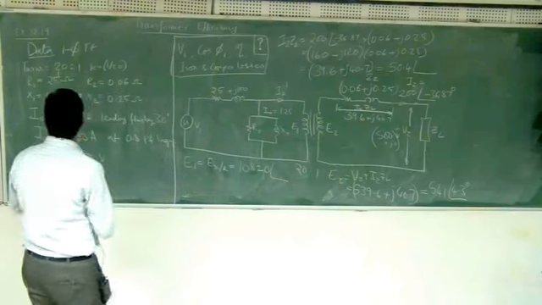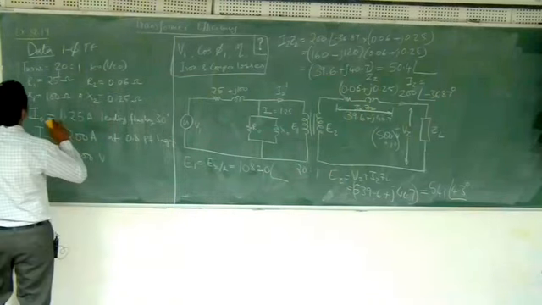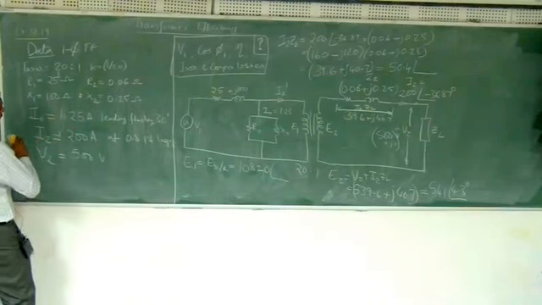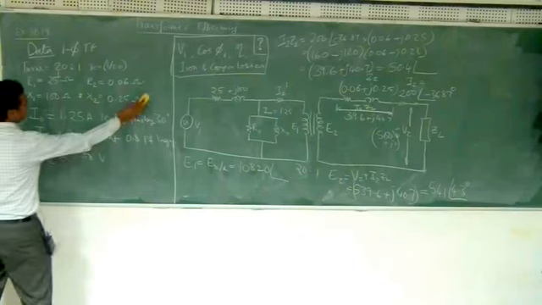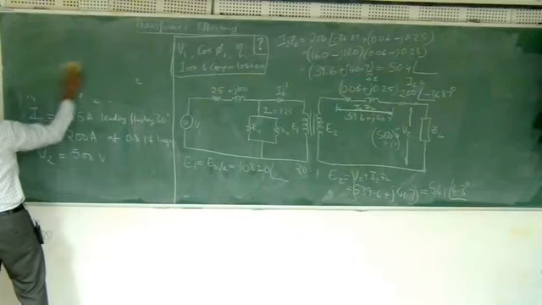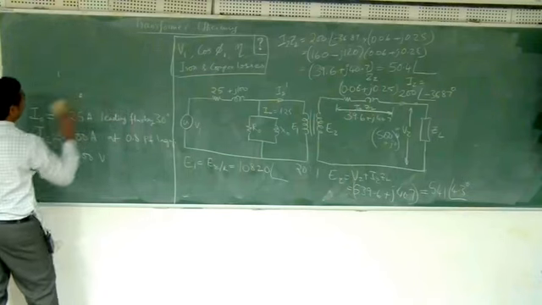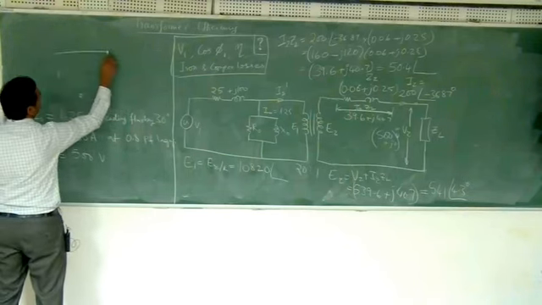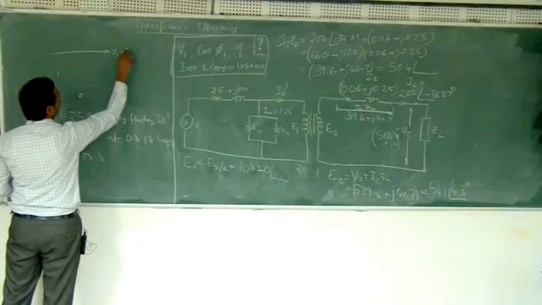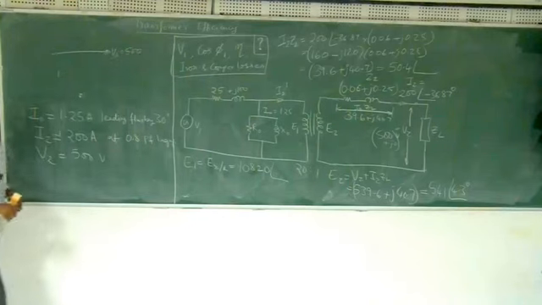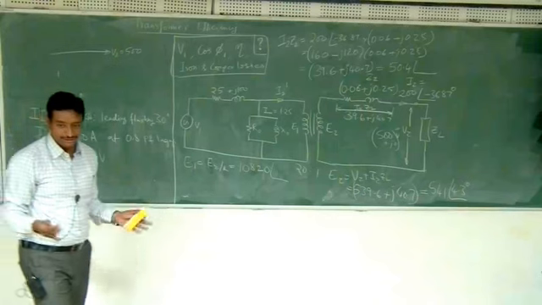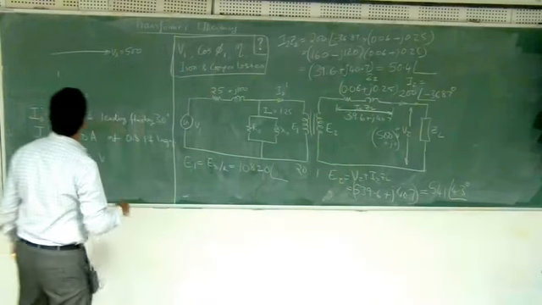Just to avoid the confusion, let's get a visual feel of what it is. I'll remove this part and draw this. We have utilized the information up to here. See what is happening. This is V2, 500, and that is the reference, 0 degrees. What is I2?